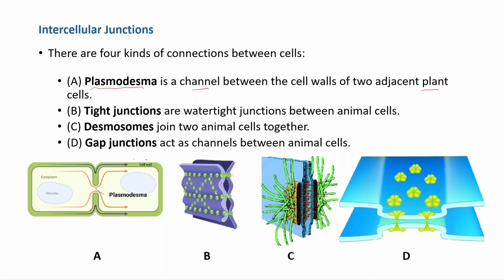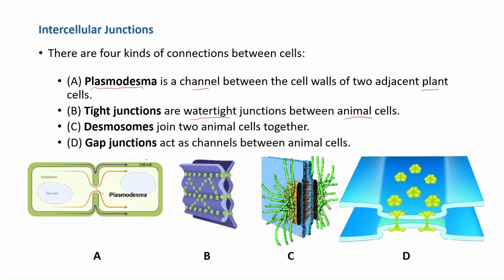Now, tight junctions, you find them in animal cells, and they're watertight. They're like a zipper. Okay? If you're wearing a windbreaker, it starts raining, if you zip it up, you're not going to get wet, right? So whenever you have tissues that are going to be subject to stress, you have tight junctions to make sure that the cells don't separate.